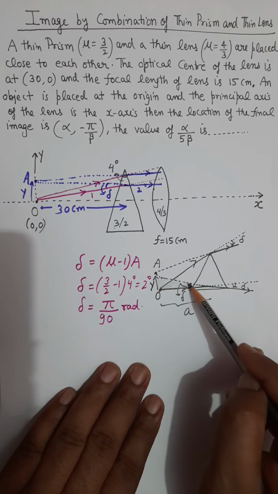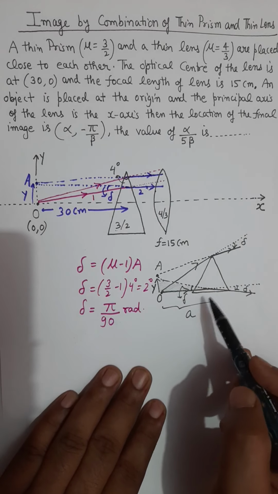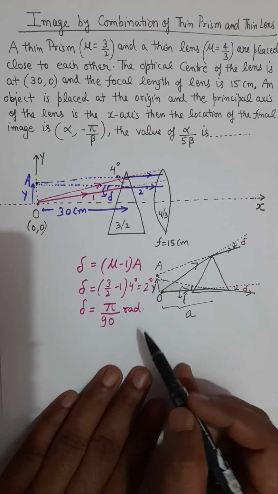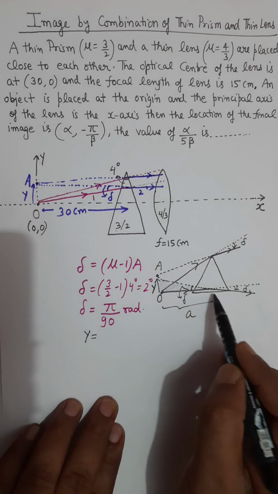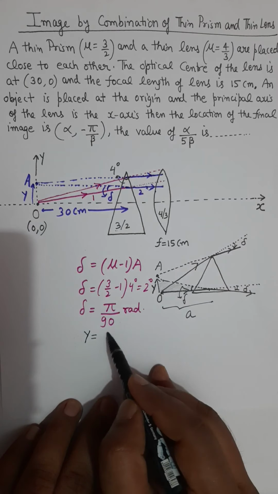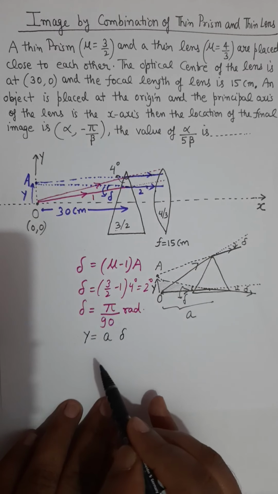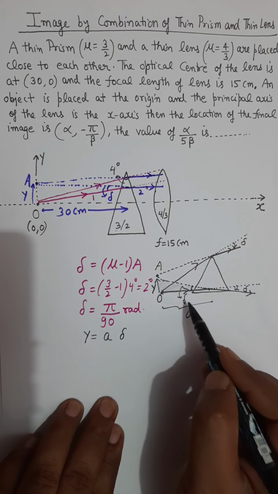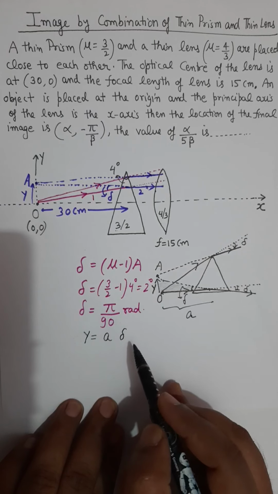In which this angle is a very, very small angle. And if this angle is very small, then by some approximations you can prove that y equals a times delta, where delta must be in radians. For our question, a is 30 centimeter and delta is pi over 90 radians.